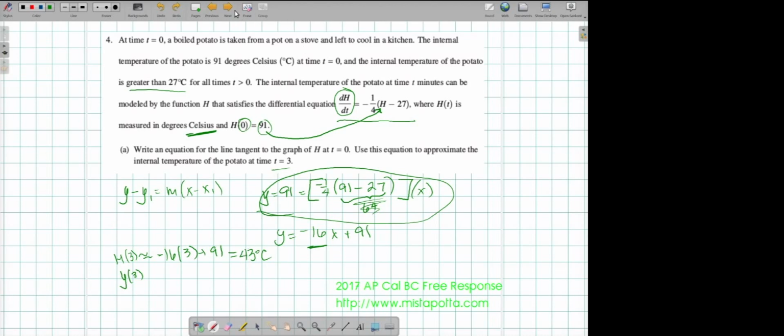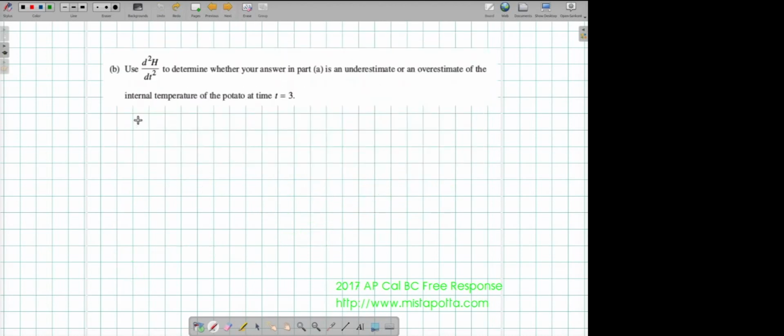All right, moving on, I'm looking for the second derivative. So that's really the derivative with respect to t of dh dt. So I'm looking for the derivative with respect to t of this negative 1/4 h minus 27. But keep in mind, this is not t, this is h.